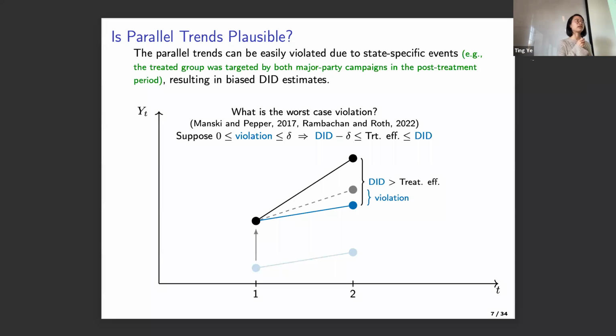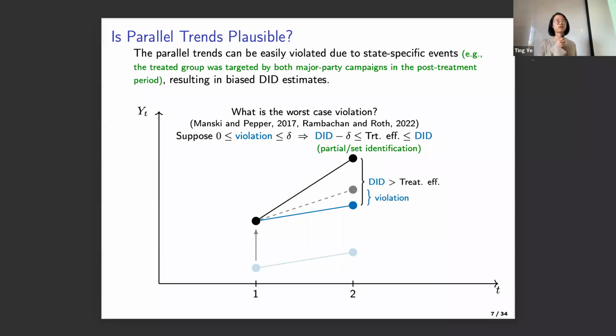If we know the violation is non-negative and upper bounded by delta, then we would know that the treatment effect is bounded by DID minus delta and DID. In this case, even with infinite sample, we still cannot exactly know the treatment effect, but we have a meaningful bound for the treatment effect. So this is called partial or set identification, in contrast to point identification.